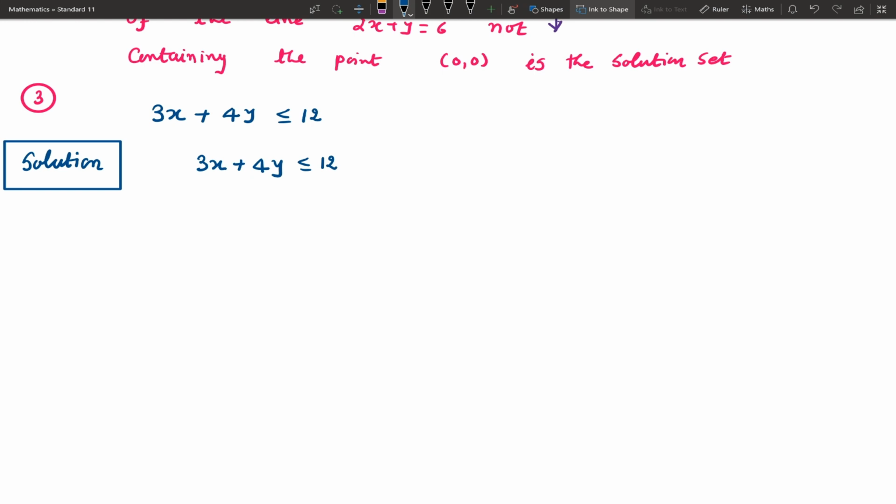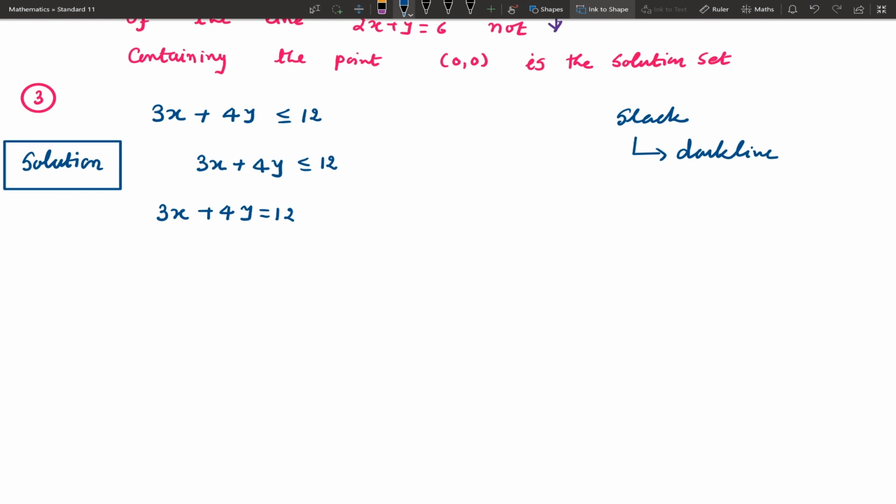As usual, the first thing is to remove the inequality and take equality. So the equality will be 3x plus 4y equal to 12. We note that the inequality is slack, so there will be a dark line in the solution set.